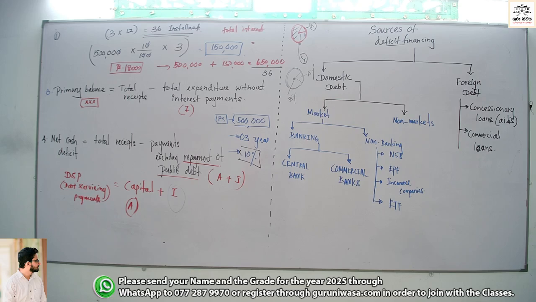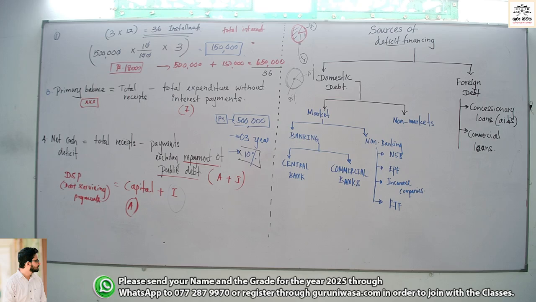Excuse me, sir. Yes, son. When calculating primary balance in the alternative method, you told that we have to add overall budget balance and government interest payments, right? We have to add government interest payment. Shouldn't that be subtract? No. When calculating overall balance, we have to deduct interest payment.